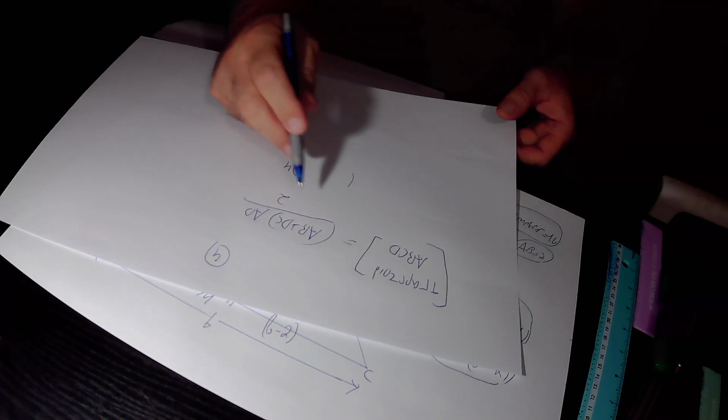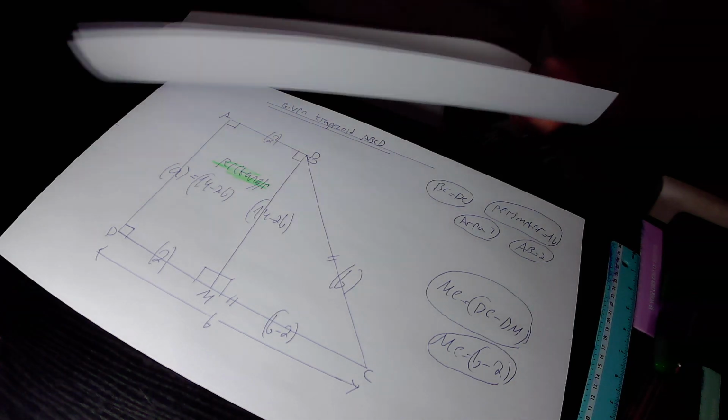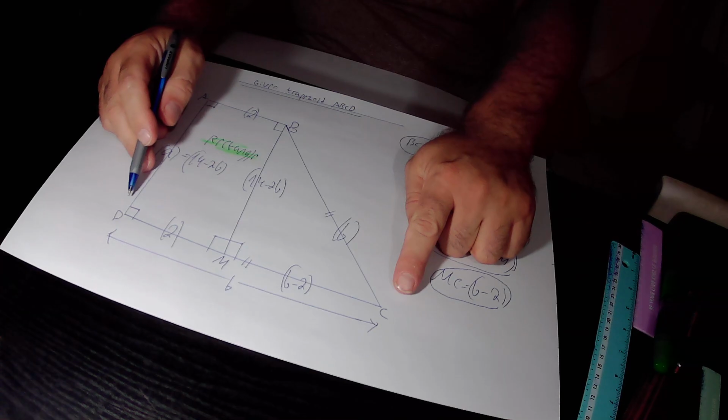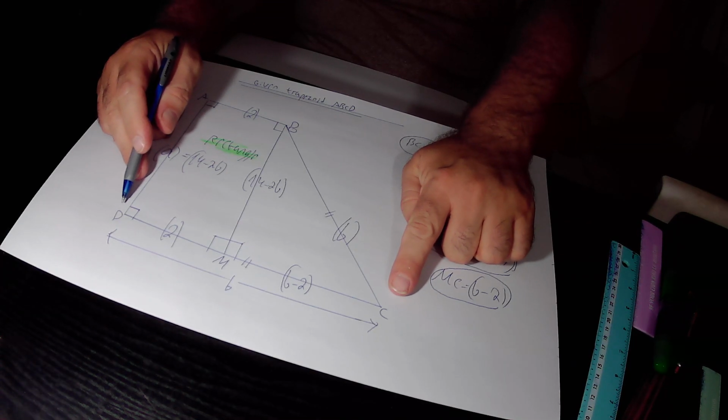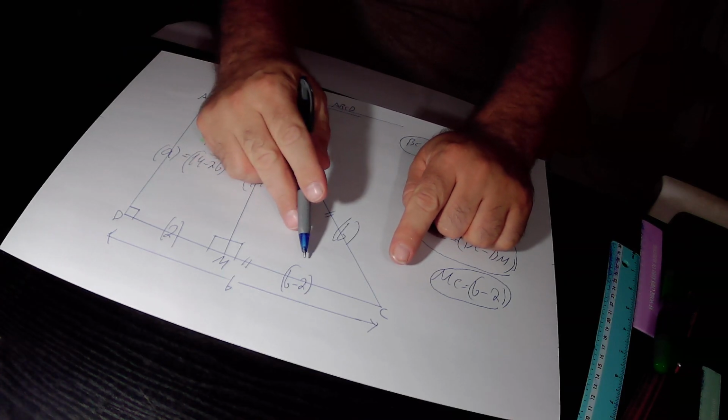Inside the brackets we have AB plus DC. AB is 2, so we substitute AB by 2 plus DC. DC in total equals 2 plus b minus 2. b is 5, so 5 minus 2 is 3.